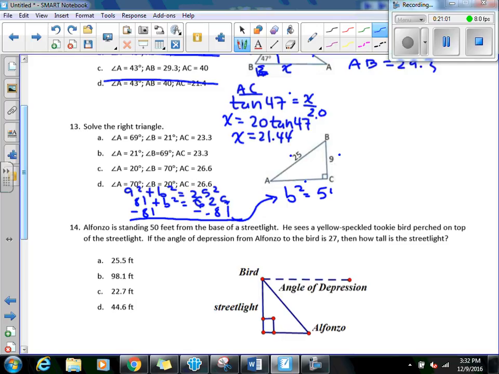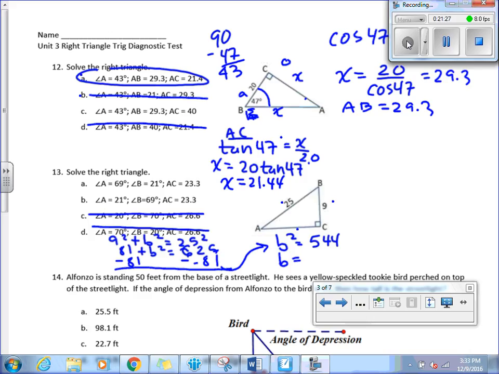So the square root of 544 equals 23.3. So that's the length of AC. So I can eliminate these two. Okay, so b equals 23.3.